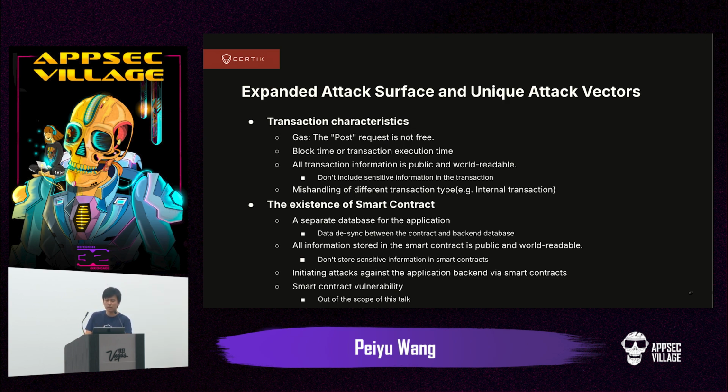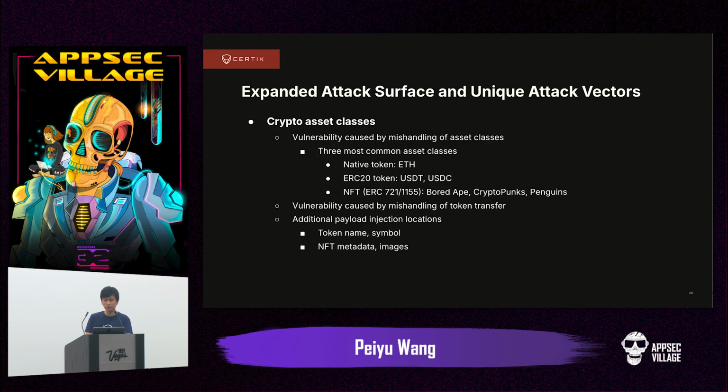But in short, applications that incorrectly process transactions can contain vulnerabilities, and it's possible to initiate attacks against backend components through smart contracts. And if the application's logic to handle different asset classes is incorrect, it can also be attacked.